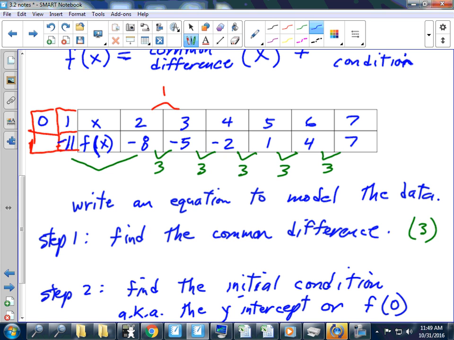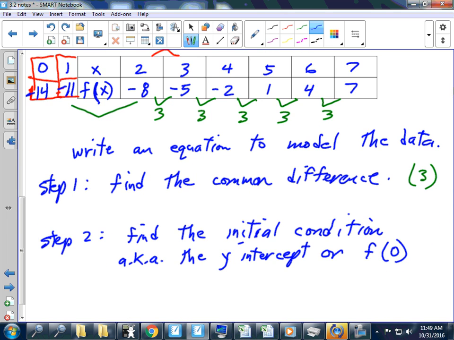Very good. Okay, Brandon, bring it home. It would be -14. -14 is my initial condition. Okay? So, that is perfect. Thank you, Brandon. Thank you, Gunnar. -14. Now we're ready to put it together.